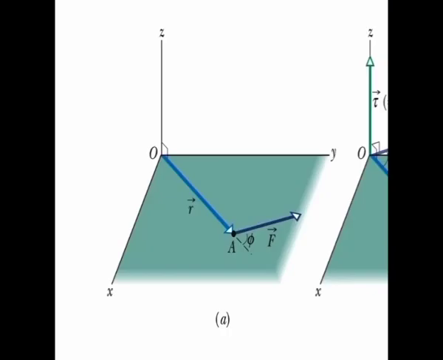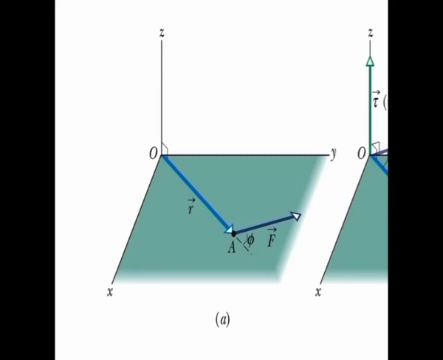The path need no longer be a circle, and we must write the torque as a vector that may have any direction. The figure here shows such a particle at point A in an xy plane. A single force F in that plane acts on the particle, and the particle's position relative to the origin O is given by the position vector r.